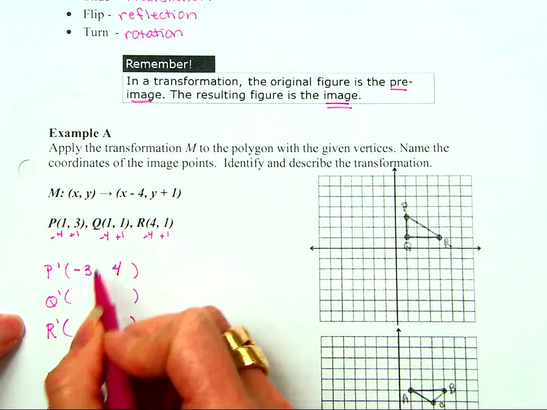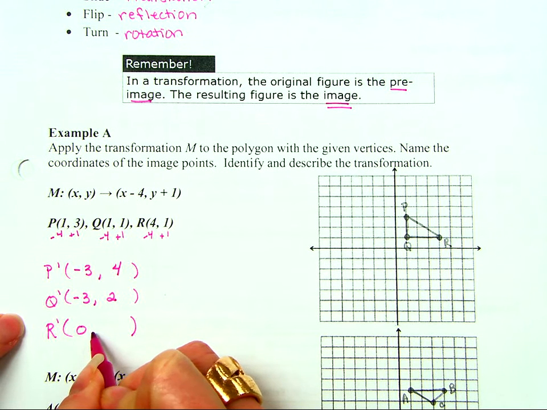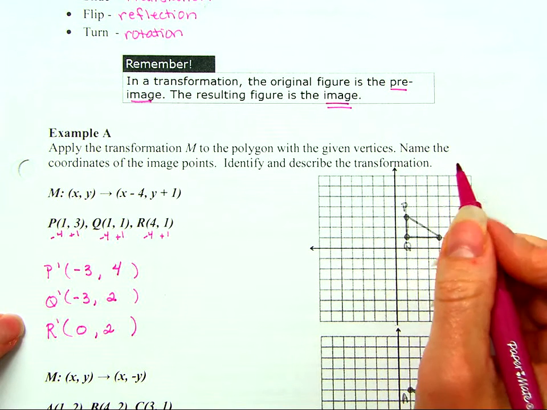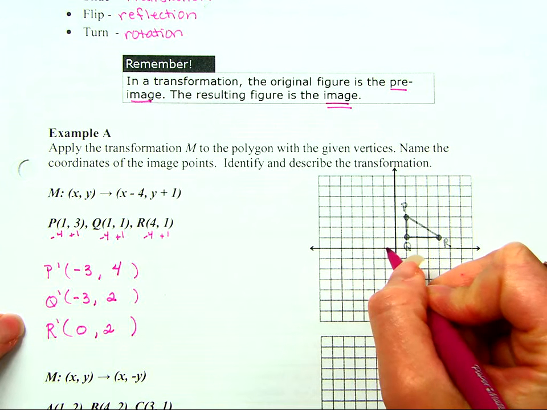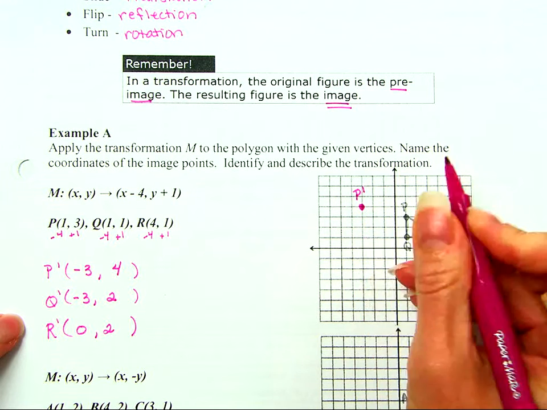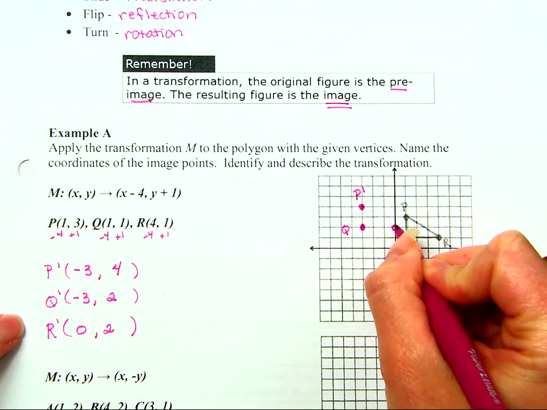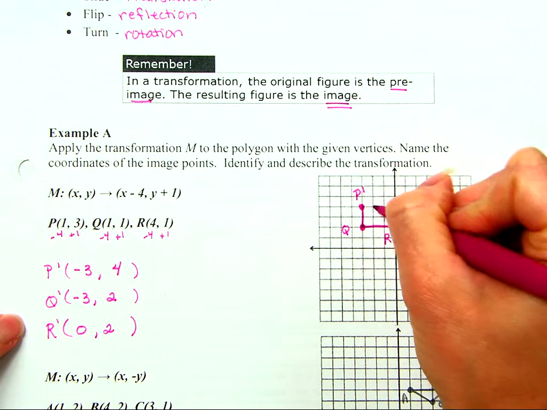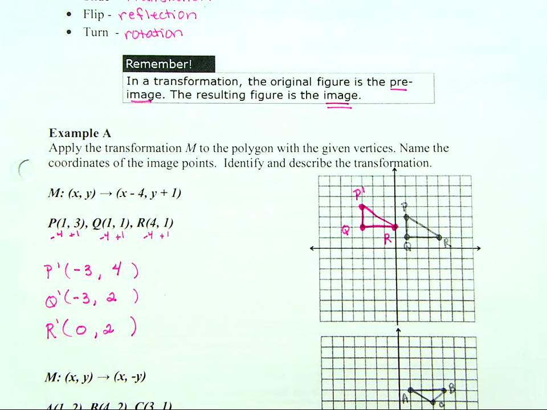And I'm going to do that for each of those points. And now I'm going to go ahead and graph them, or plot my points. When you are graphing, I do like you to label your coordinates, so I have labeled them P prime, Q prime, and R prime.